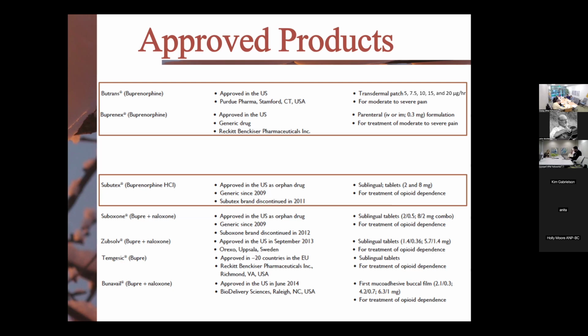But if you were to crush the tablet and try to inject it, suddenly that naloxone's getting into the bloodstream and you're knocking all the opiates off the opiate receptors and you're going to go into withdrawal. So that's why Suboxone works how it does: that combination of naloxone keeps people from using it the wrong way.